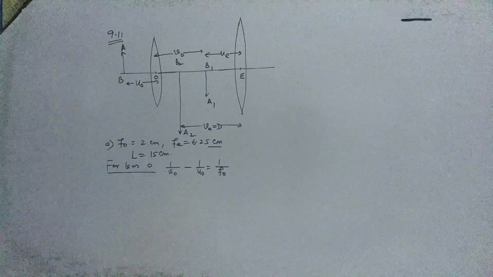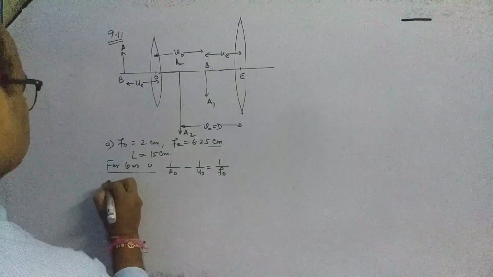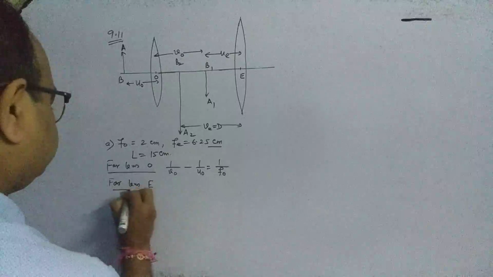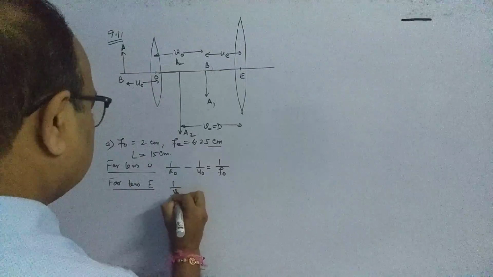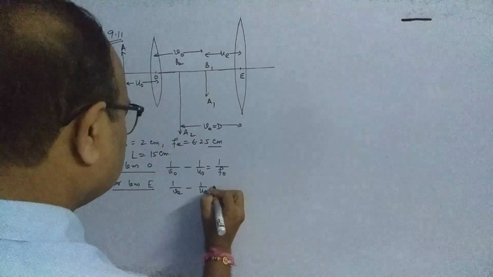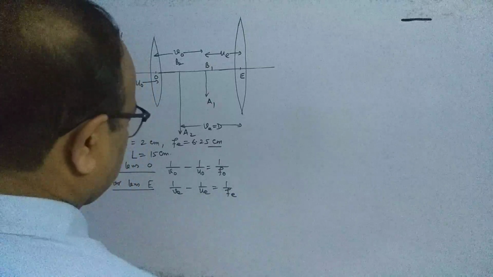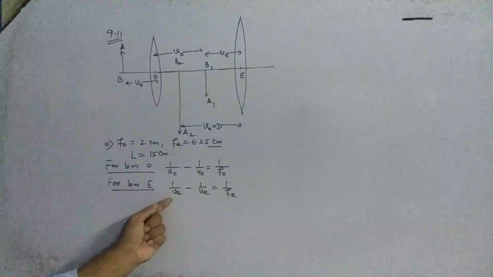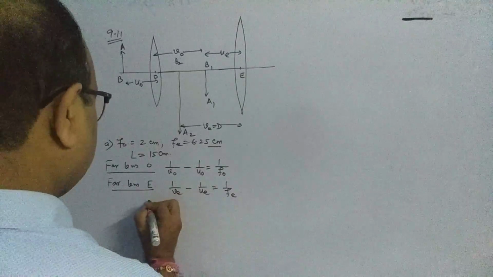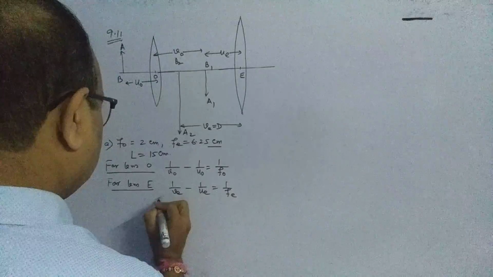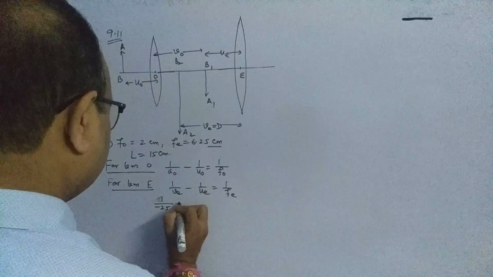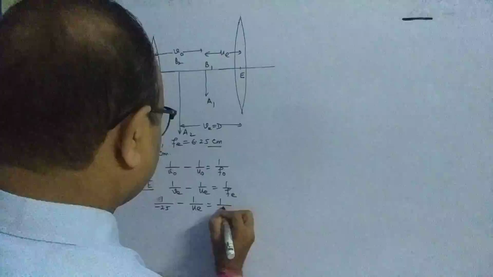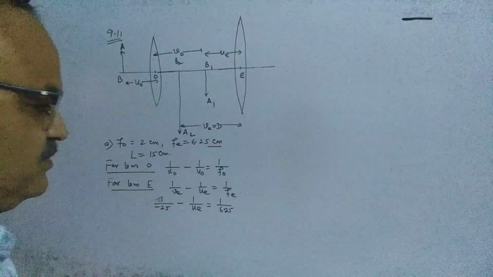So let us first use the formula for lens E: 1 by V minus 1 by U equals 1 by F. Now V is D, that is minus 25, so 1 by minus 25 minus 1 by UE is equal to 1 by 6.25.